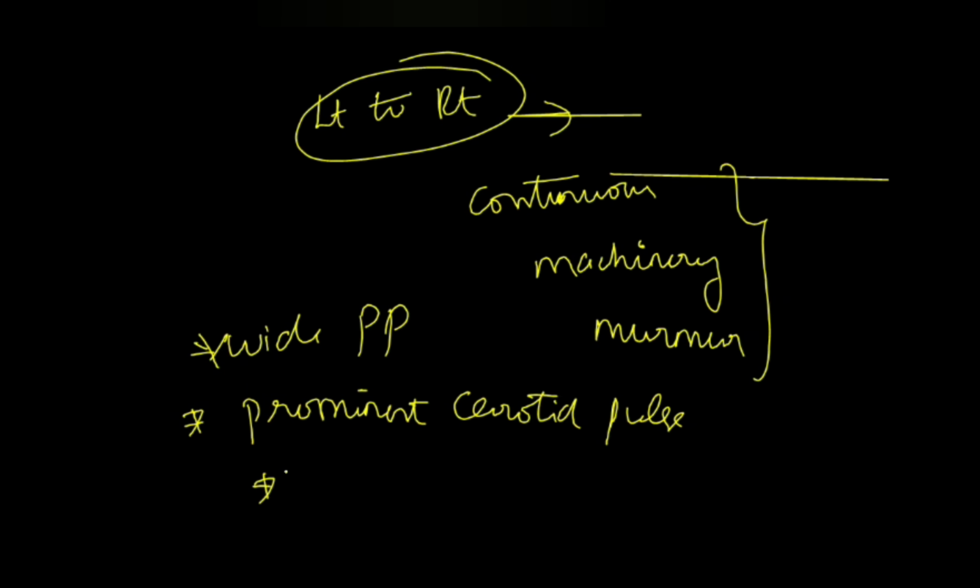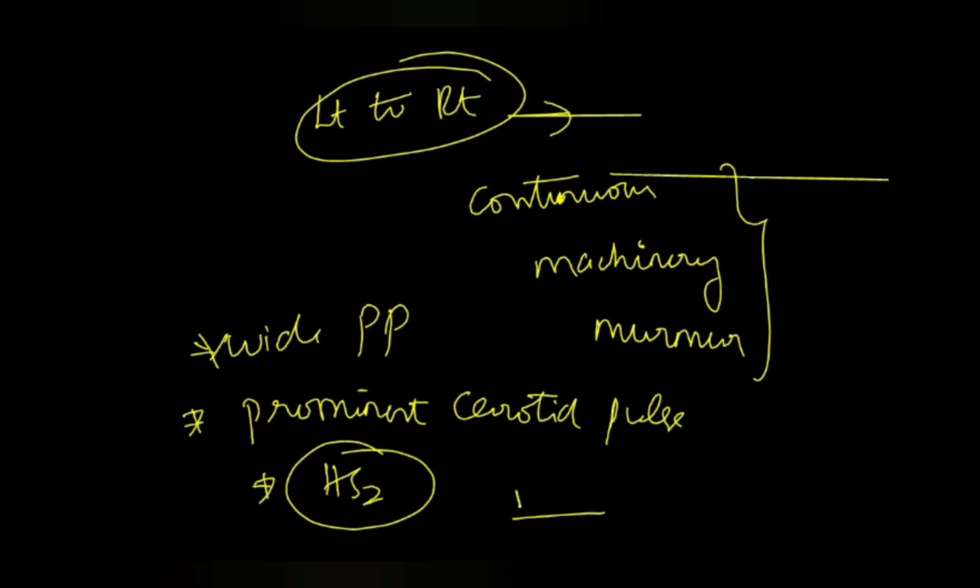Finally, you can have paradoxical splitting of your second heart sound. So what is that? Now the second heart sound has two components, A2 and P2.